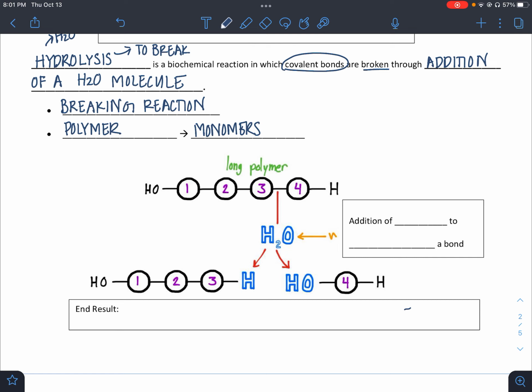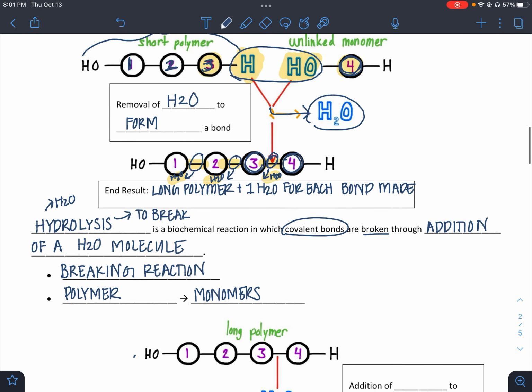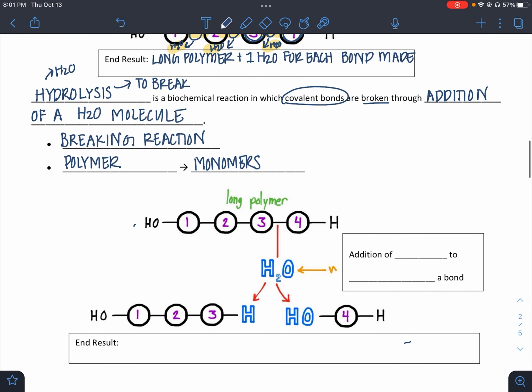So if we look at this example here of the reaction, we can see it's pretty much the opposite of our dehydration synthesis reaction. Here we're starting with a long polymer made up of 1, 2, 3, 4 monomers, and we see that it has 1, 2, 3 covalent bonds.